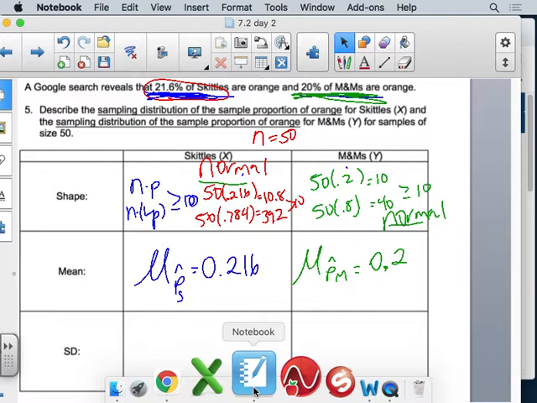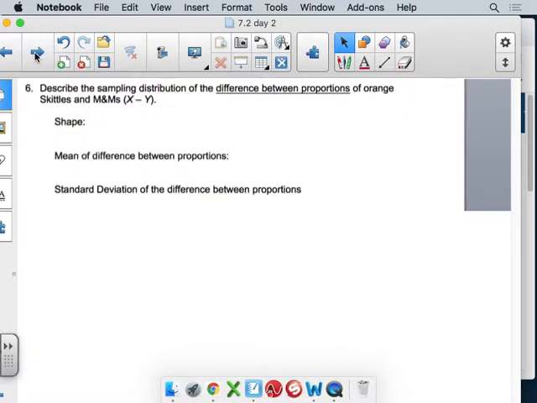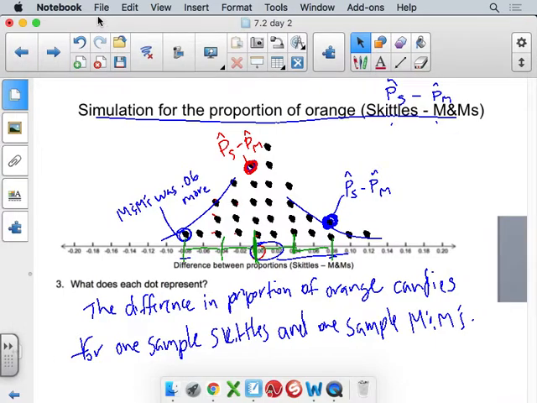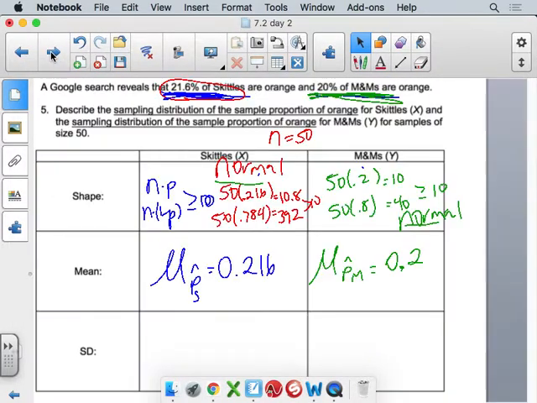So if I go to the next page, number 6 on the bottom, it says describe the distribution of the difference between the proportions. So like if I combine Skittles and M&Ms, which is what we did over here on the front side, what would the shape, mean, standard deviation be?